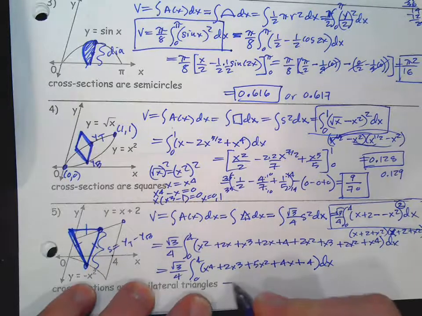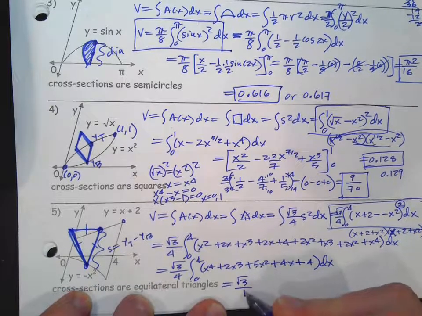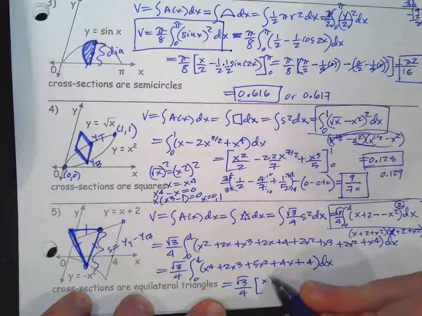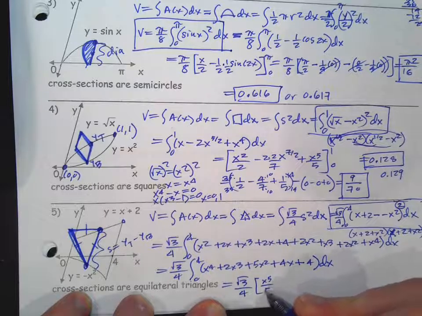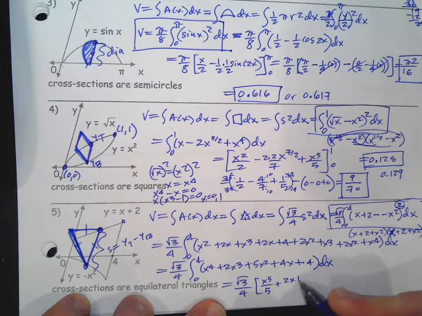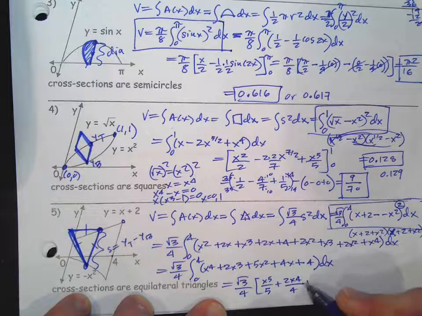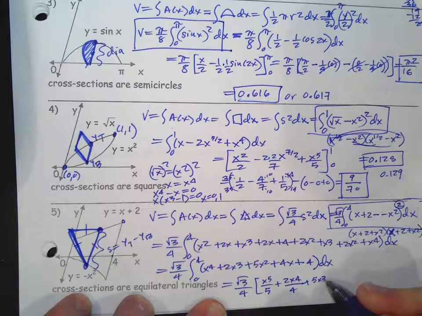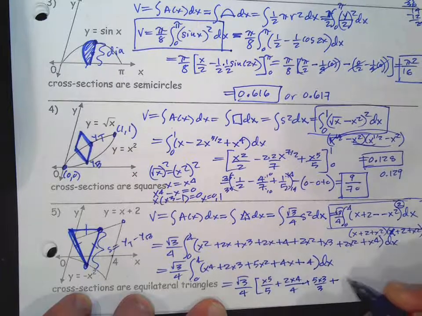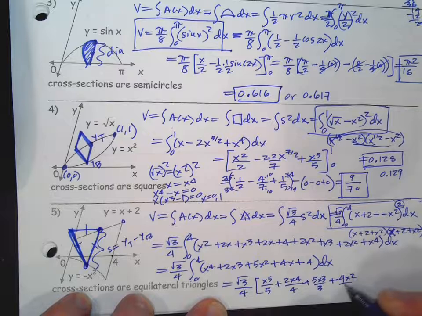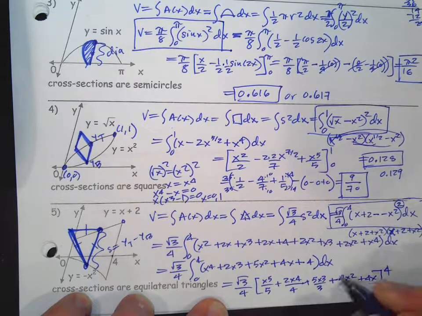The integral would be x to the fifth over 5 plus 2x to the fourth over 4 plus 5x cubed over 3 plus 4x squared over 2 plus 4x, from 0 to 4.